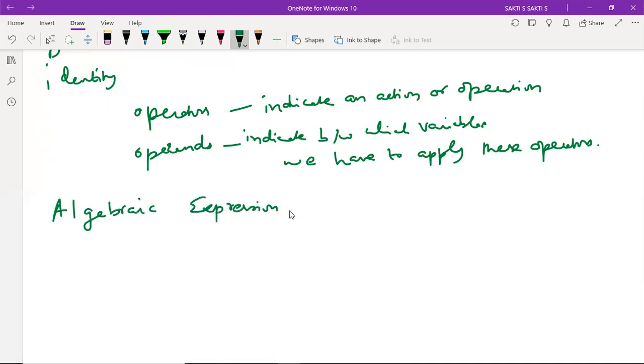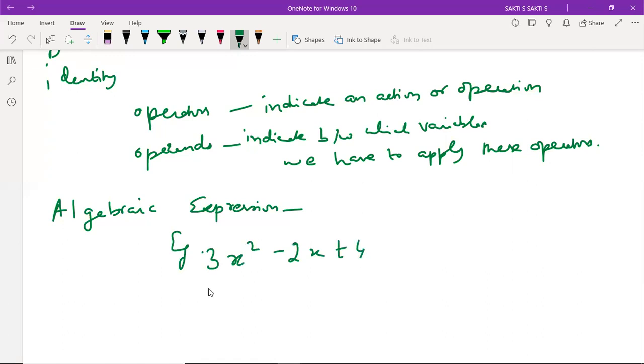So an algebraic expression is a formula constructed with variables and numbers using addition, subtraction, multiplication, division, or it can also include roots. For example, you can have 3x squared minus 2x plus 4.